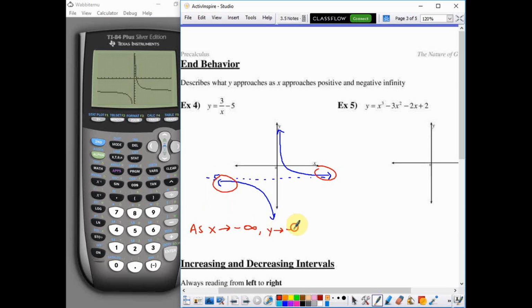So the y value is approaching negative 5. Over here on the right side, x is going off toward positive infinity. As x approaches positive infinity, the y value is getting closer and closer to negative 5. So y approaches negative 5.